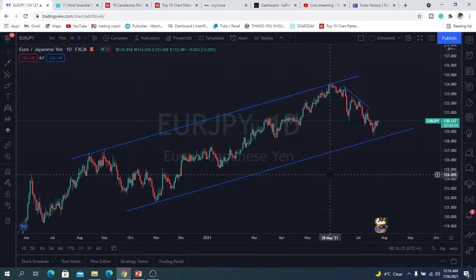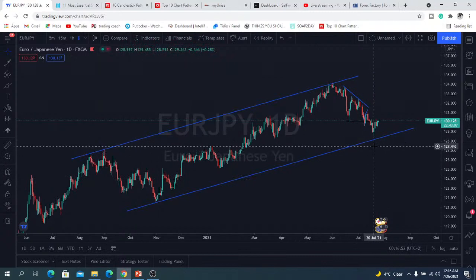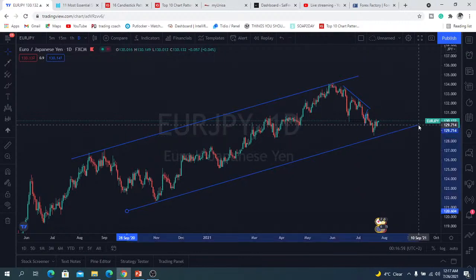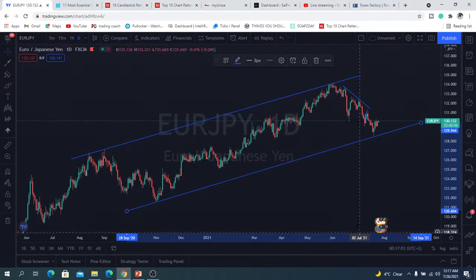So when we are on an uptrend, it means that we are going to look for more possibilities to the upside, but that is not always going to be the case. We can still have moves to the downside. So with this one, I'm comfortable enough to say we are looking for possibilities to the upside, because the market currently is right here on this trend line.